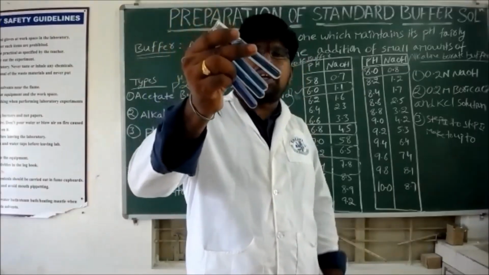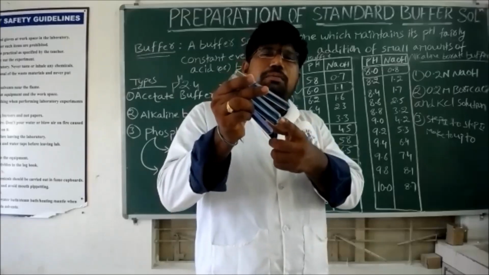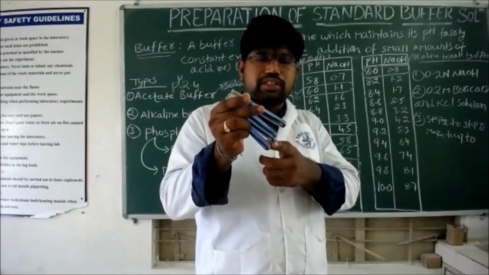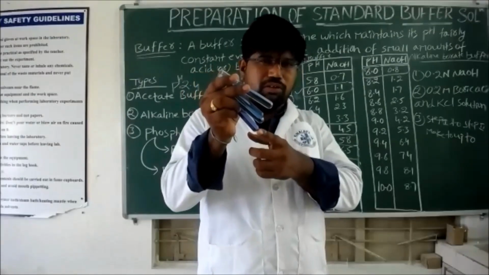So these are our preparations. The first one is pH 6.0, the second one is pH 6.8, the third one is pH 7.0, and the fourth one is pH 7.4.